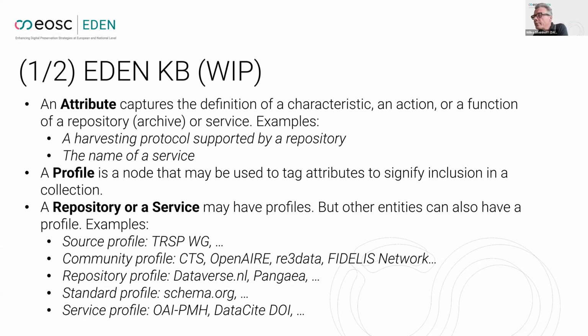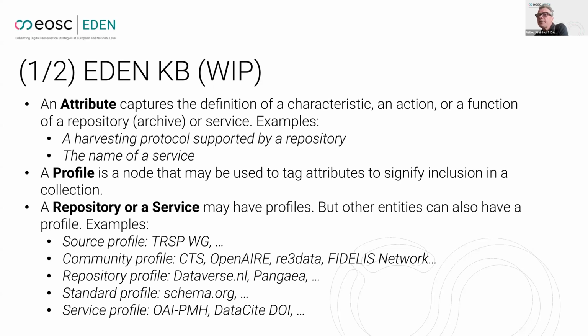Also, a single repository could have a profile, so that it could expose attributes and say, okay, I group those together, and this is what my repository stands for or publishes. And even a standard could have a profile, just like schema.org. And also a service can have a profile.